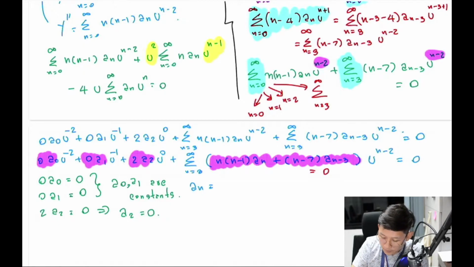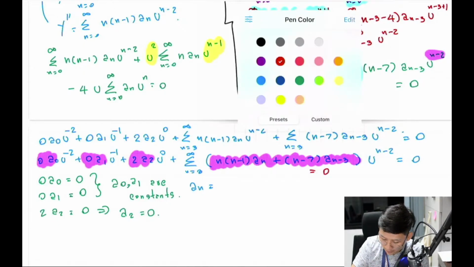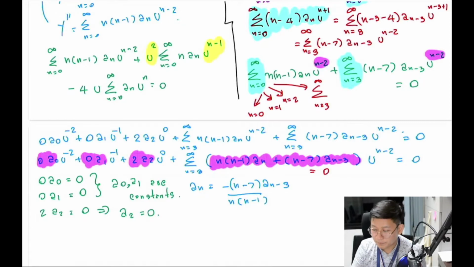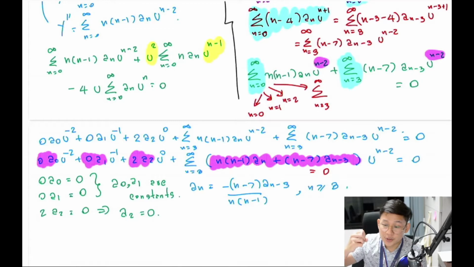I would have a_n equals minus (n minus 7) a_(n-3) divided by (n minus 1), and this is when n is greater or equal to 3, because we know a0, a1, and a2 already.